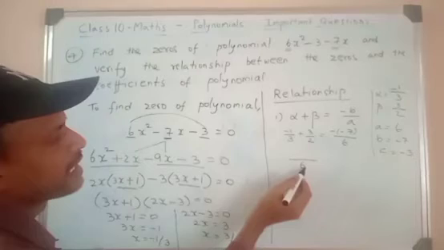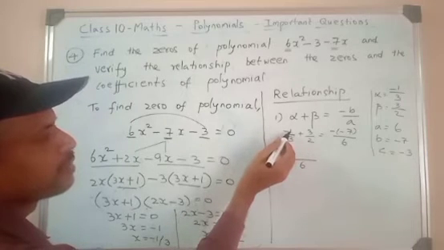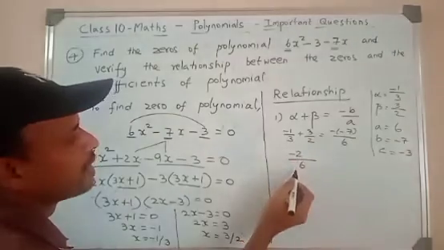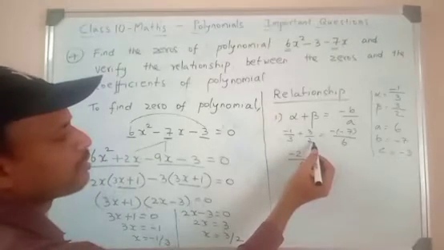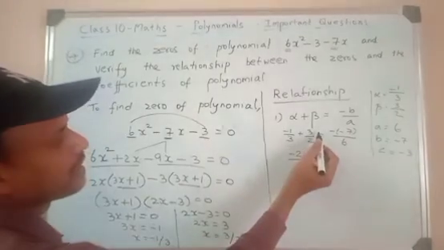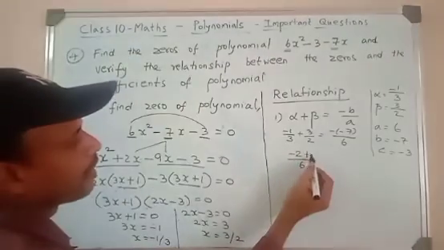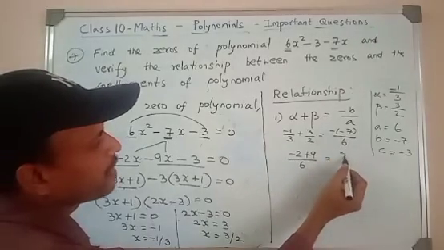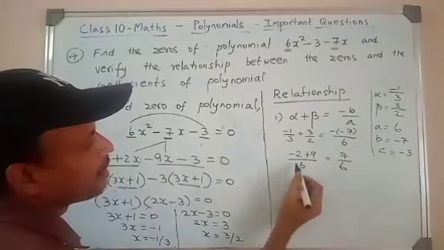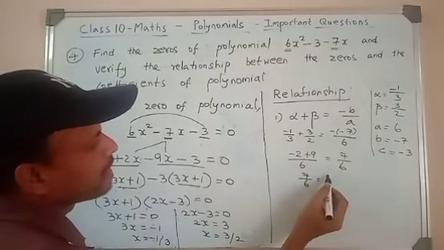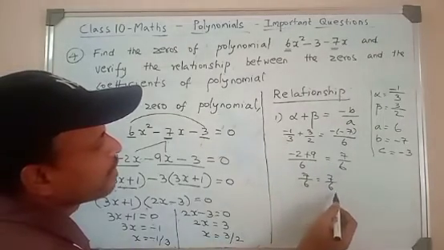So 2 into 3 is 6. Then you have to multiply the same 2 with the numerator also, so minus 1 into 2 is minus 2. Now here, 2, I have to multiply by 3 to make it 6. So 3 into 2 is 6 and then 3 into 3 is 9, is equal to minus of minus, plus. So plus 7 by 6. Now again if you simplify, the left hand side we get 7 by 6, the right hand side also 7 by 6. So it is verified.